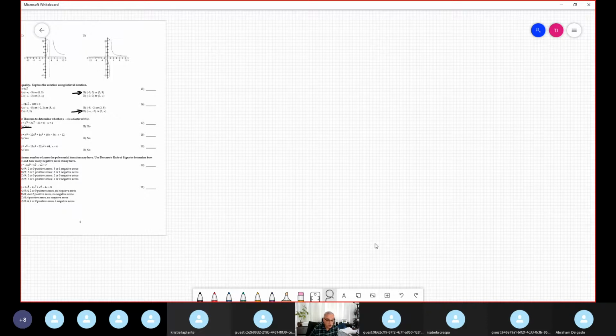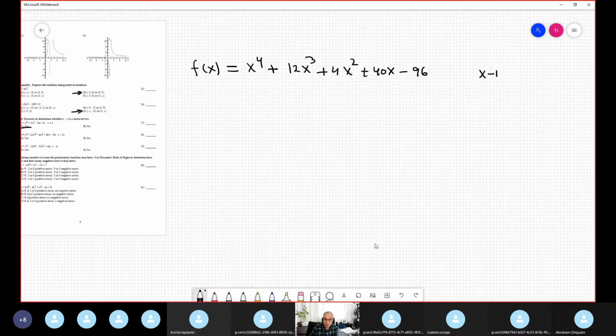Number 18 is a fourth degree polynomial. It's x to the 4th power plus 12x to the third power plus 4x to the second power plus 40x minus 96. I need to investigate if the factor x minus 12 belongs or not to this polynomial.